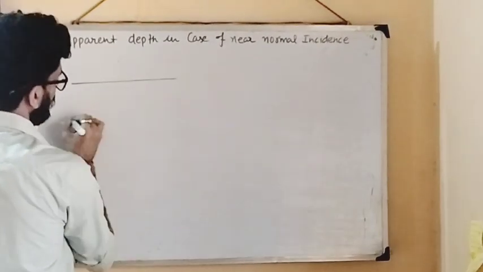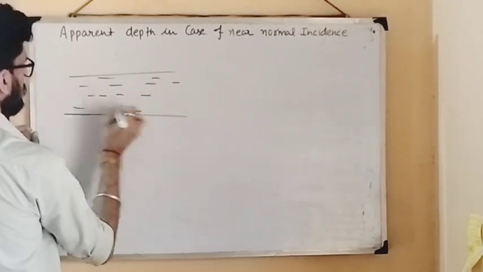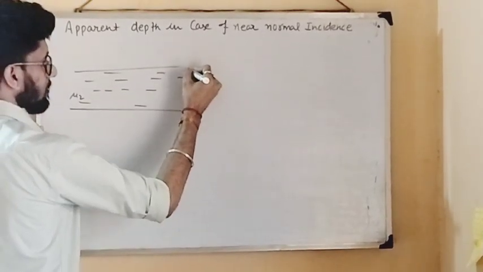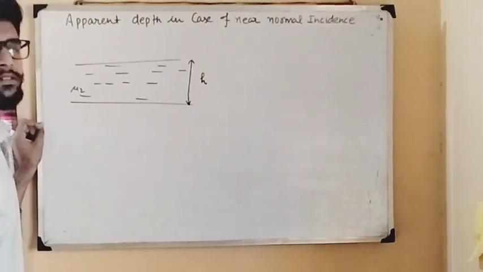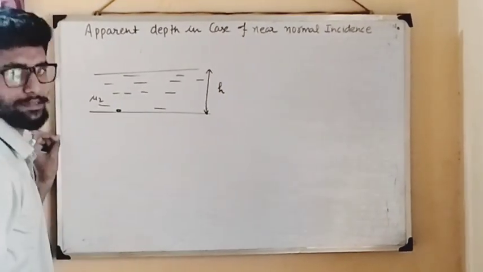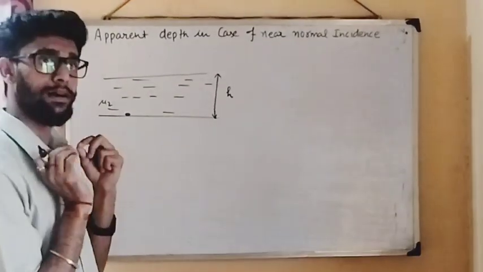Consider a medium of refractive index mu2, and H is the whole thickness of the medium, and here the object is placed at this point. If you want to see an object, light has to pass from the object.